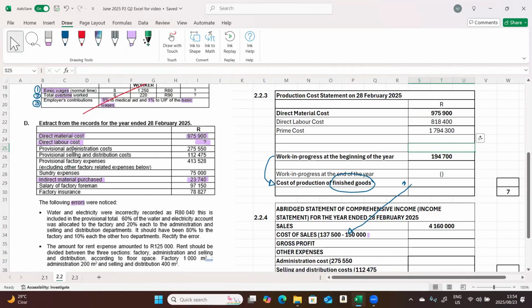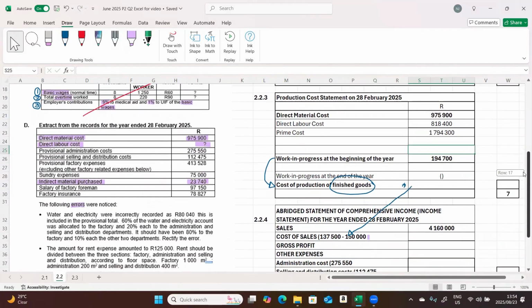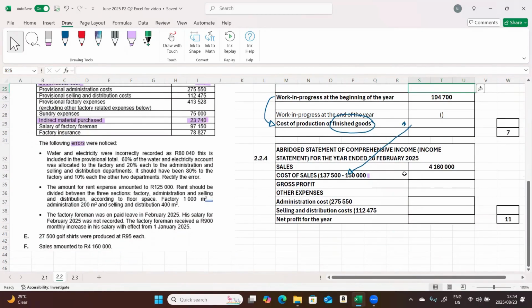So your administration costs, guys, let's quickly think, where do we see administration costs? Admin cost has nothing to do with my factory, so it will not be in the factory overhead in 2.2.2. It has nothing to do with production because it's admin, so it won't be in 2.2.3. So obviously you will see your administration cost in 2.2.4, where luckily they gave you the whole format of the income statement.